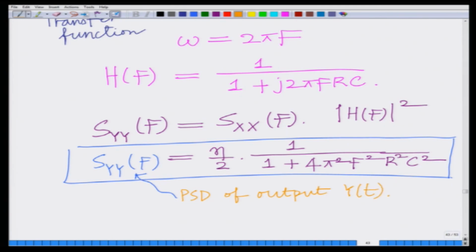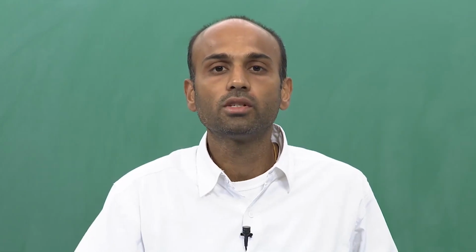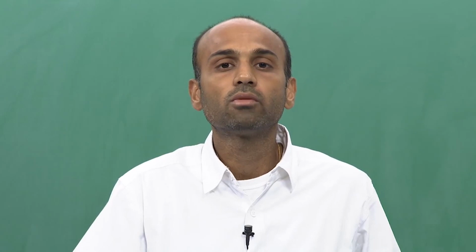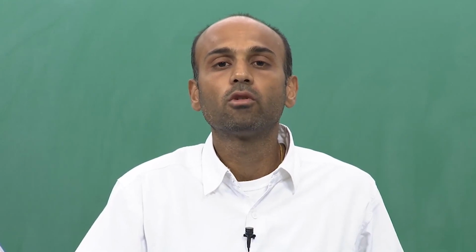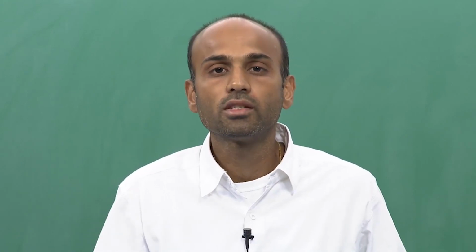So we have inferred two things. One is the input random process x of t is Gaussian, therefore the output random process y of t is also Gaussian. Further, the power spectral density of the output Gaussian random process is Syy of f, which is equal to eta over 2 times 1 over 1 plus 4 pi square f square R square C square.